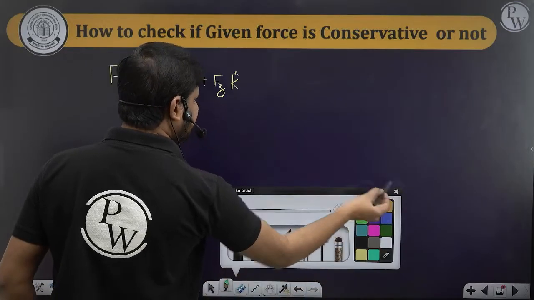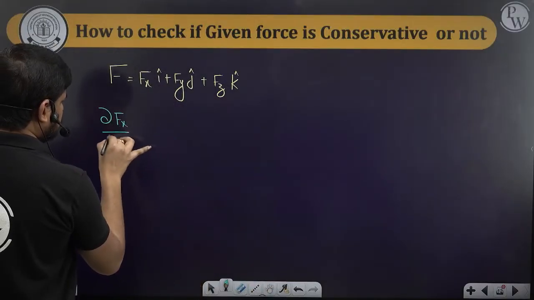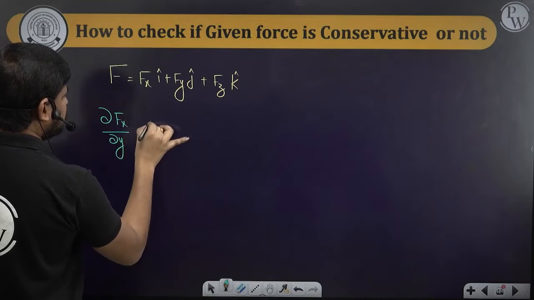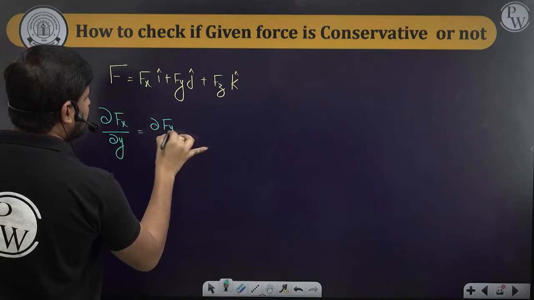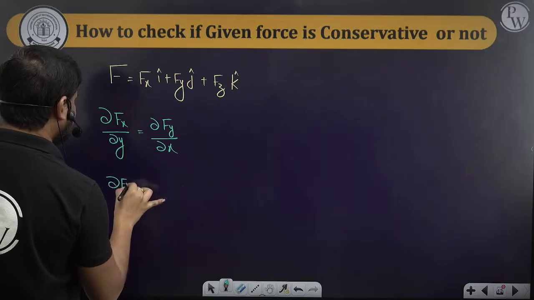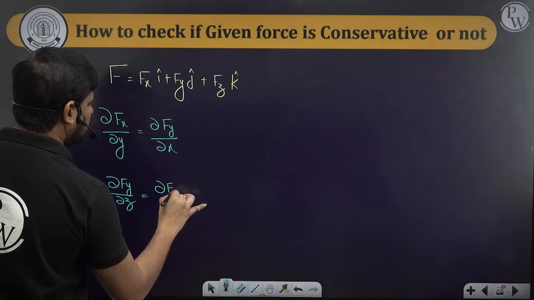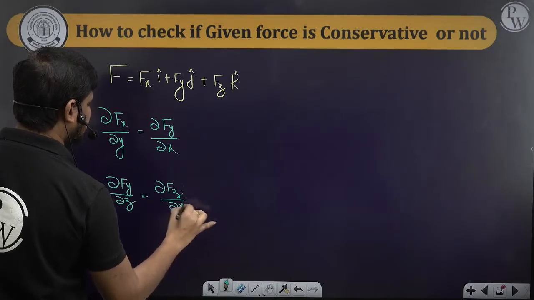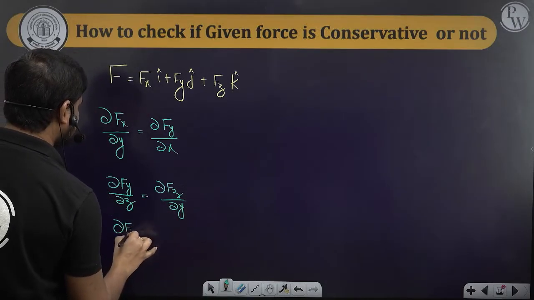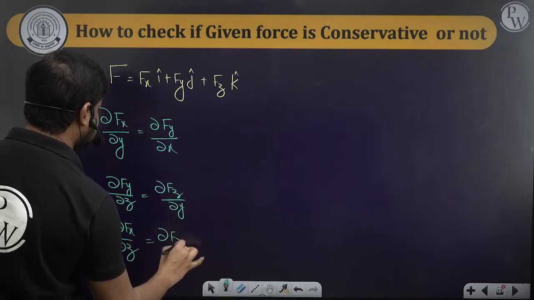Don't be afraid of just seeing the formula, just understand the concept here. dou fx by dou y is equal to dou fy by dou x, and dou fy by dou z is equal to dou fz by dou y, and dou fx by dou z is equal to dou fz by dou x.